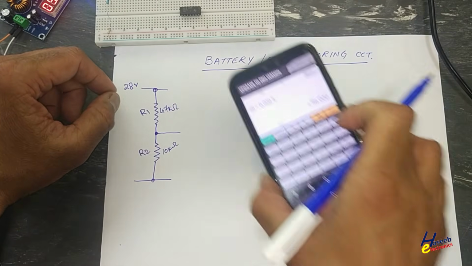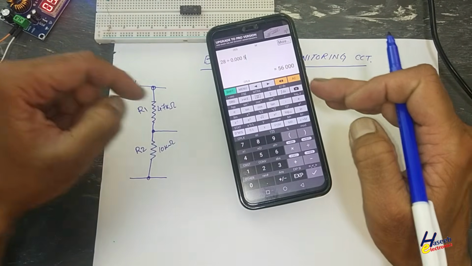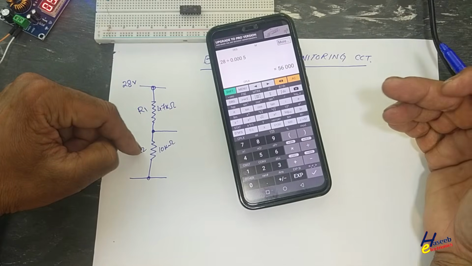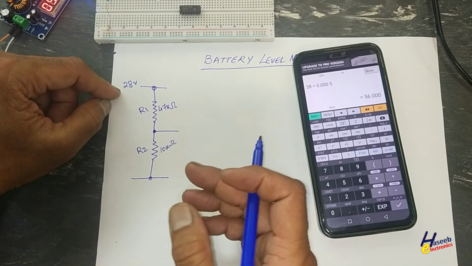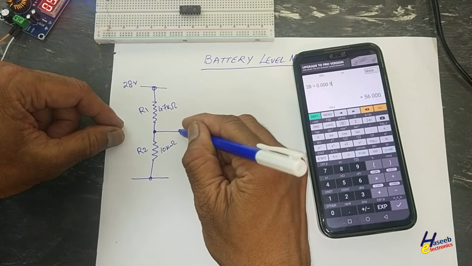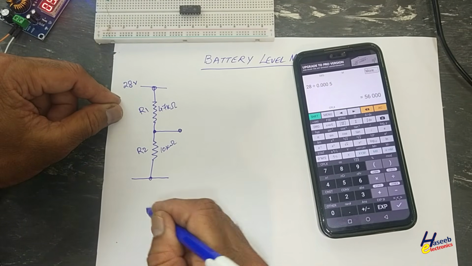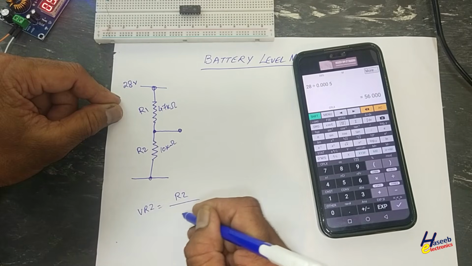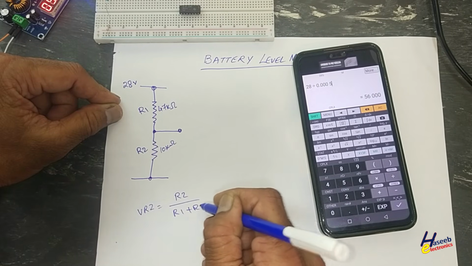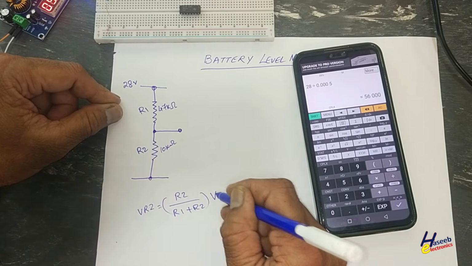So that will be approximately close to this value, so it will not dissipate too much power. Let's suppose we have 28 volts. We will use voltage divider formula to take output at this point. VR2 equals R2 over R1 plus R2 times V battery.